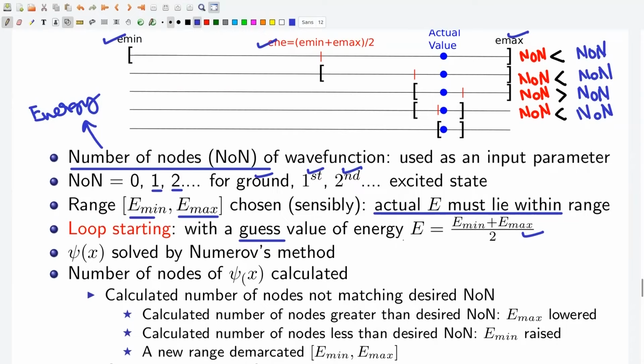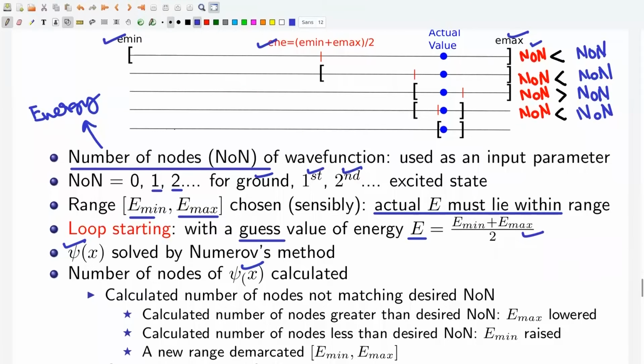Now, with this value of energy, we solve psi of x by using Numerov's method. Once we calculate psi of x, we calculate the number of nodes of that particular psi of x, and that number of nodes in this figure is written in red.